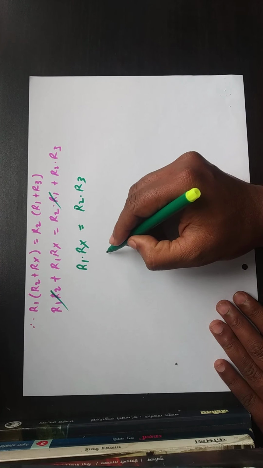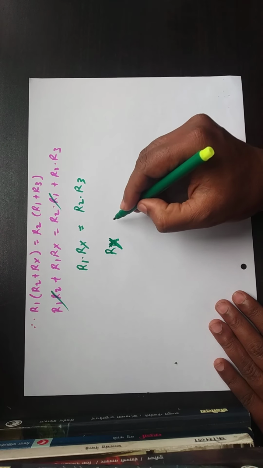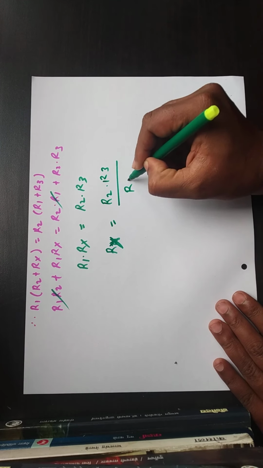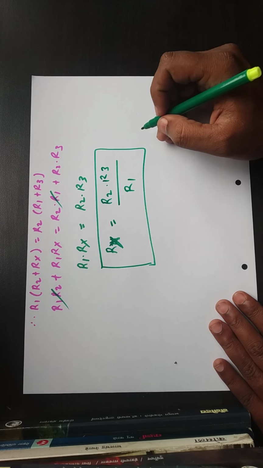And as we have to find the equation for Rx, Rx is equal to R2 into R3 divided by R1. So this is our final equation for the Wheatstone bridge.